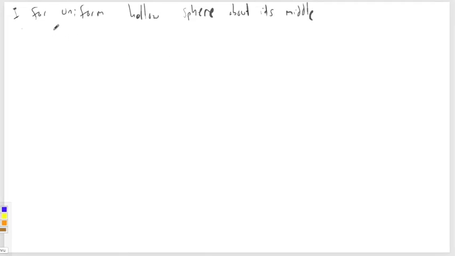Okay, so here is my sphere. Remember that I always want to first try to figure out what my little dm pieces are going to be. So I'm going to let my dm piece be a little strip of the shell, basically like a little hoop, a little ring.